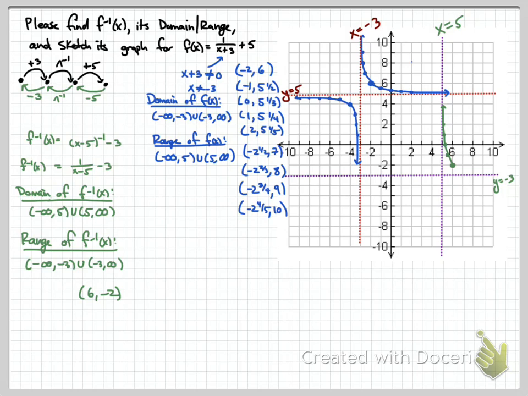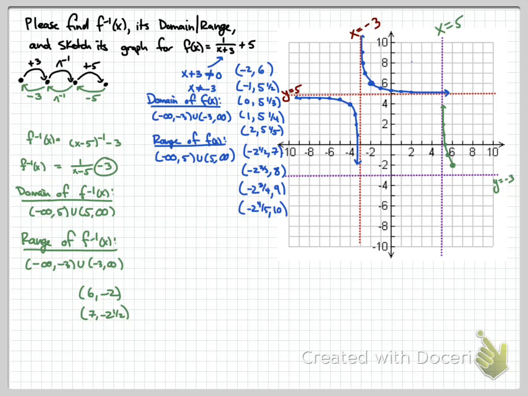Not only that, we can find some more ordered pairs. For instance, in our inverse function, if we start inserting numbers that are greater than 5, like 7, we'll have a half minus 3, so -2.5. If I chose 8, I'd have 1 over 3.